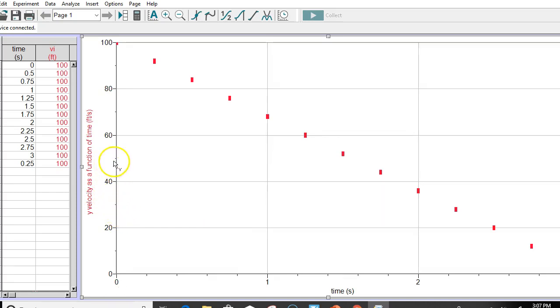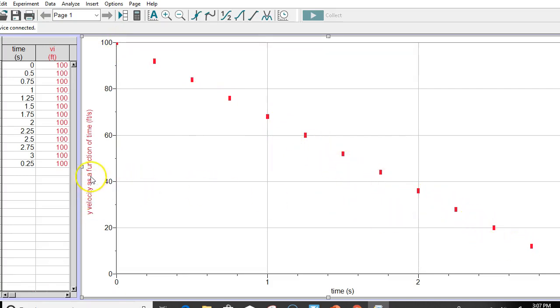What we find is that you get an unusual pattern here, and this is not actually showing everything. We start out at 100 feet per second. So y velocity is 100 feet per second, and then it's gradually decreasing.